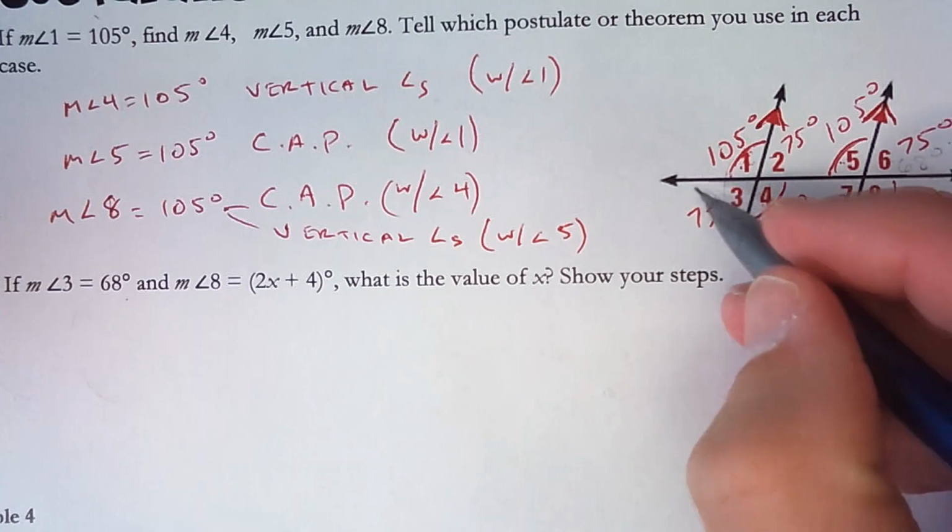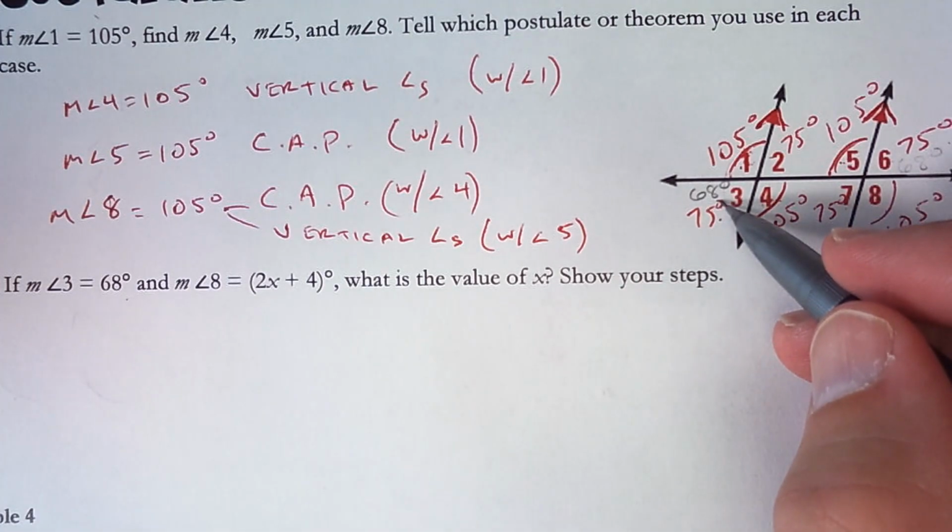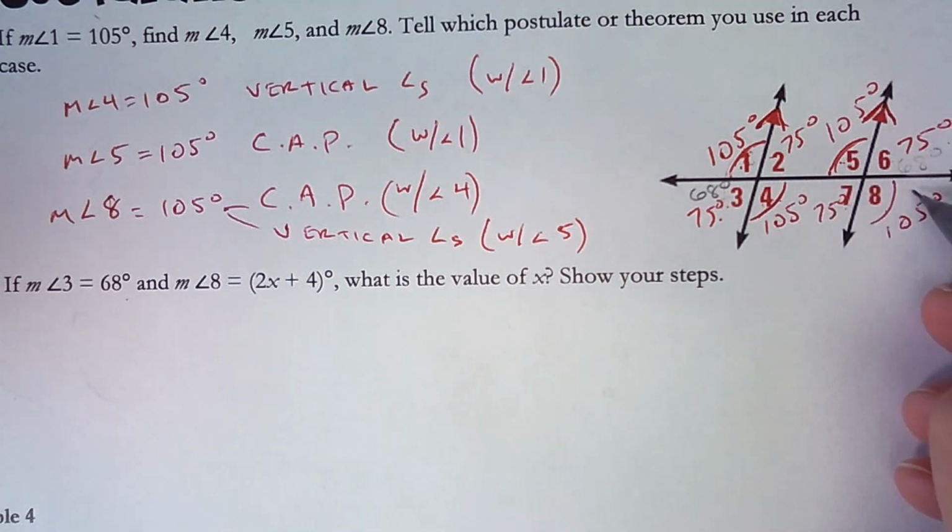That was brilliant. Angle 3 is 68 degrees, and angle 8 is 2x plus 4 degrees. What is the value of x? Okay, so these are both exterior, but they're on the same side, not opposite sides.